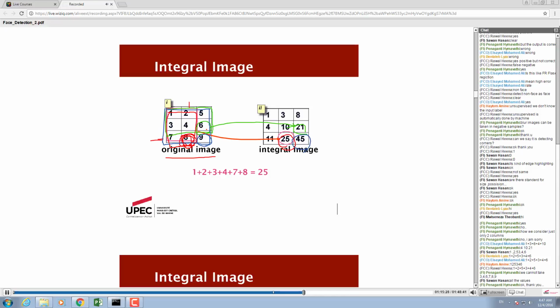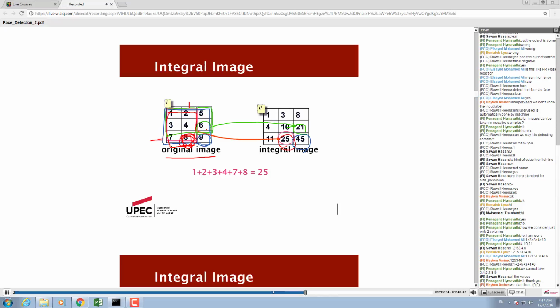So it becomes larger if you go to the right. If you go down, it becomes larger. So the last number, 45, is the largest sum, the whole sum of this small image. The right bottom value is the sum of the whole region of the original image.